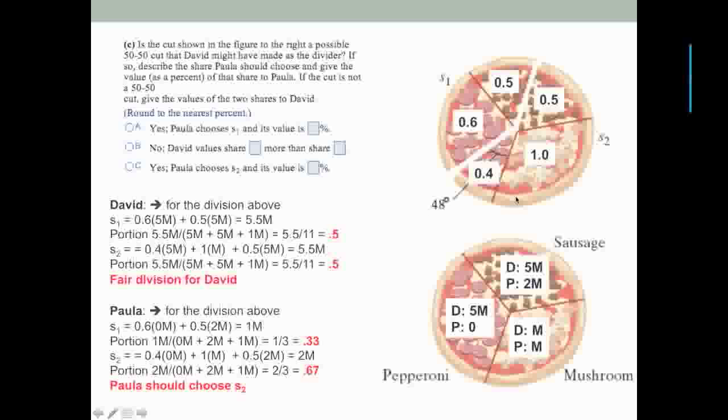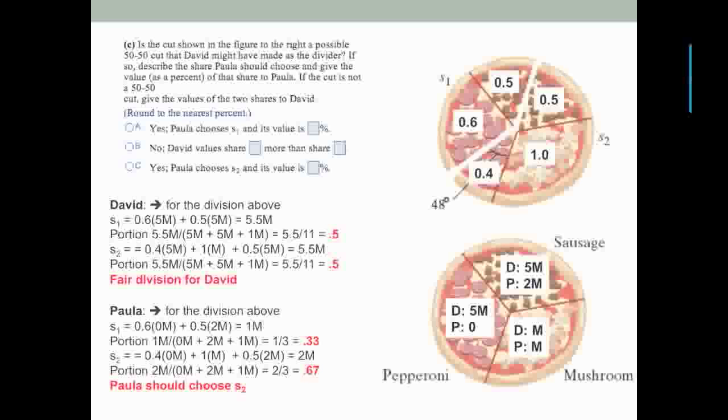Now we look at S2. 0.4 times his valuation on pepperoni of 5m, plus 1 times his valuation of mushroom, m, plus 0.5 times his valuation of sausage, 5m. We do the computation, and we get 0.5. So this is indeed a fair division for David.